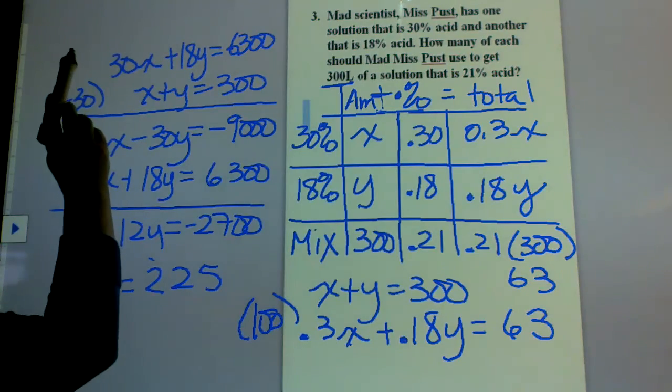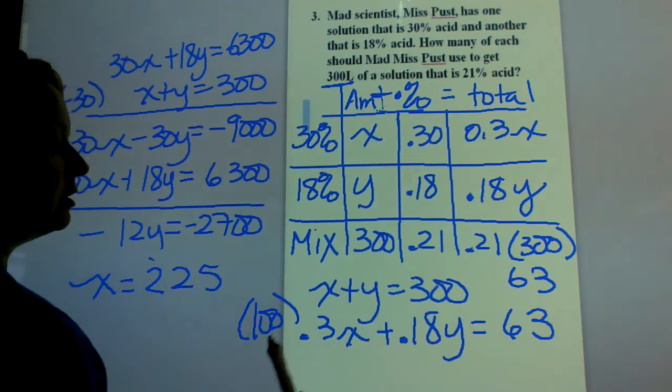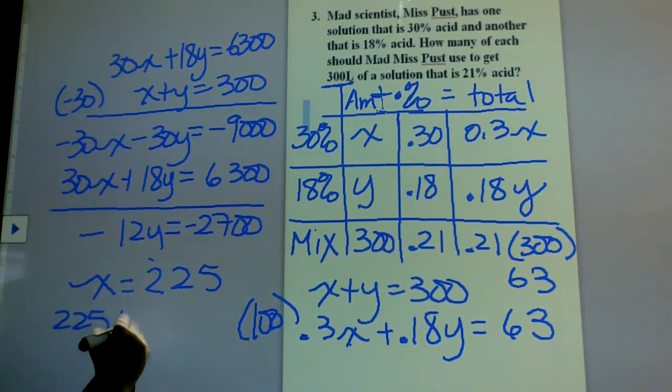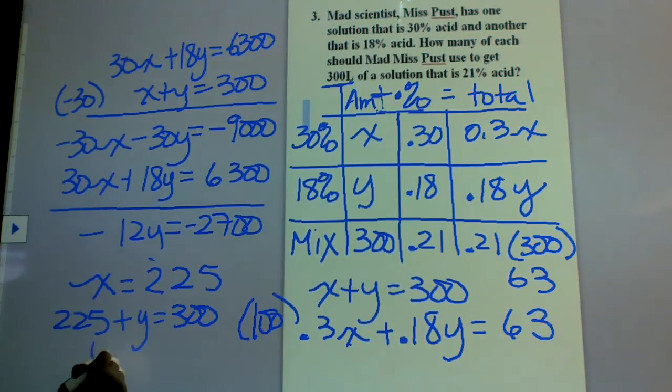And then we're going to put it back into this equation, or this one right here, and figure out our other value. And so 225 plus y is equal to 300. And so y is going to equal 75.